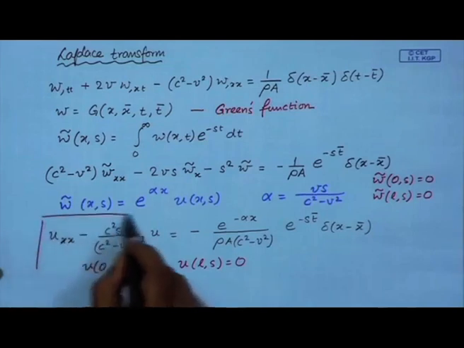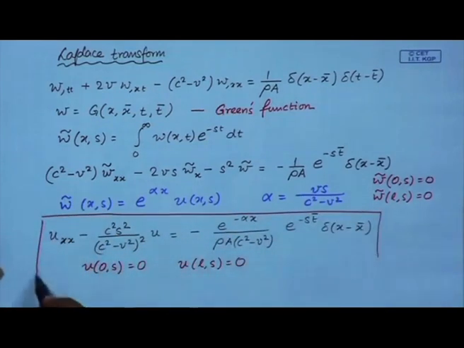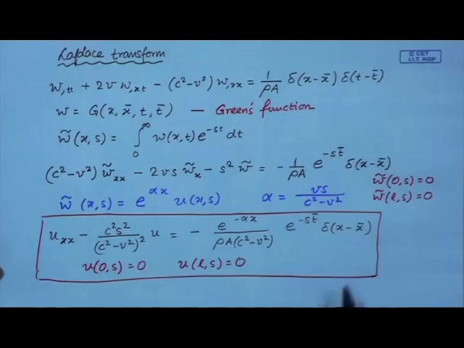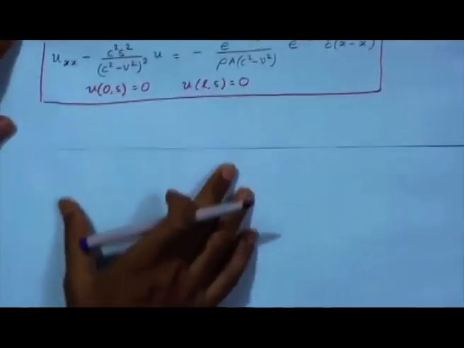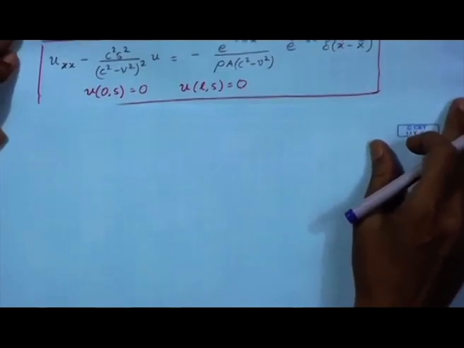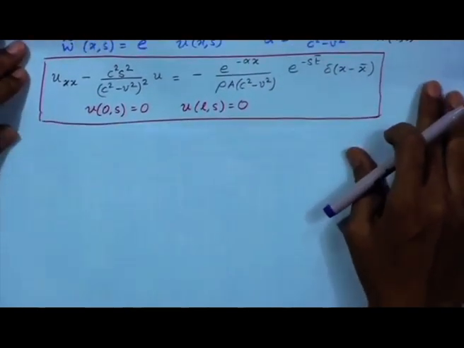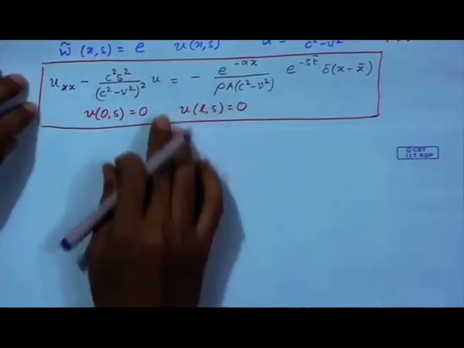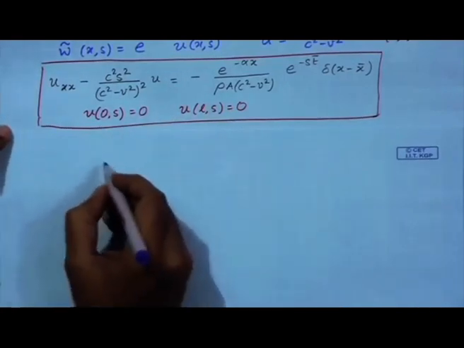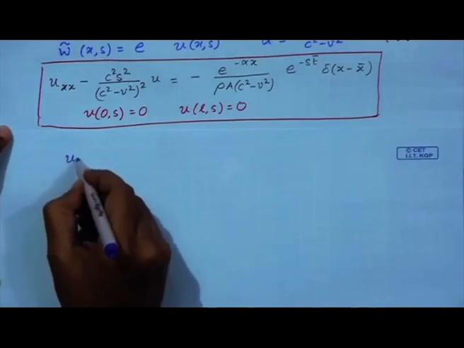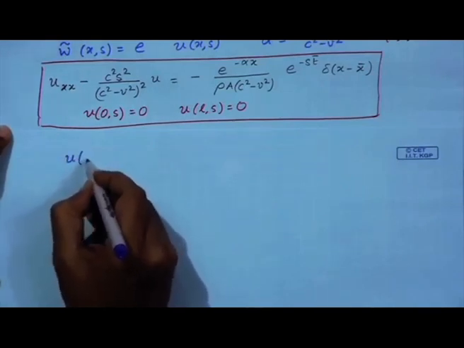So, this is the boundary value problem that now we have to solve, with these boundary conditions. We have this boundary value problem, and with these boundary conditions we can attempt a solution.